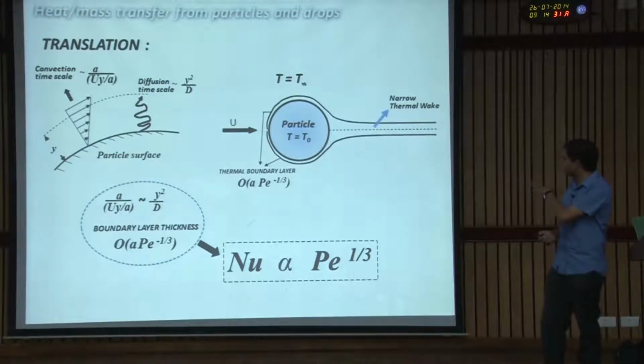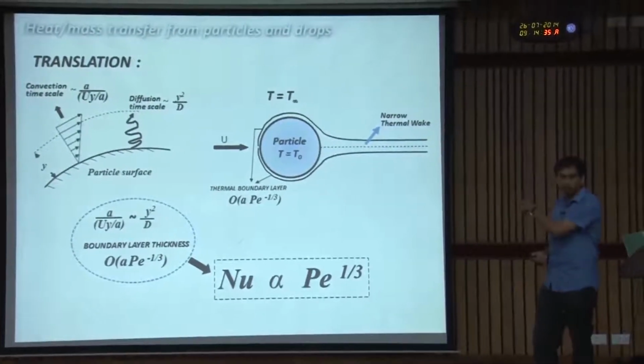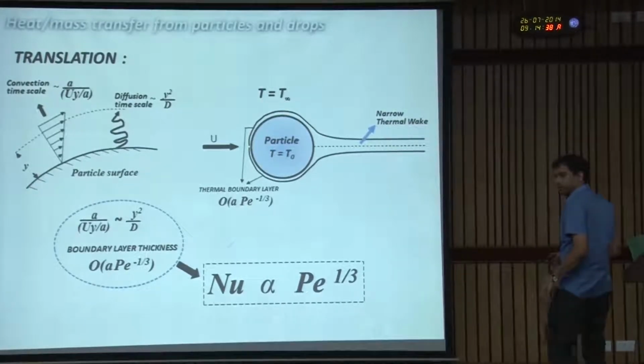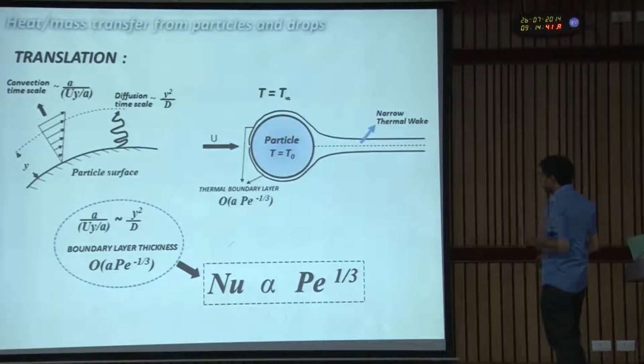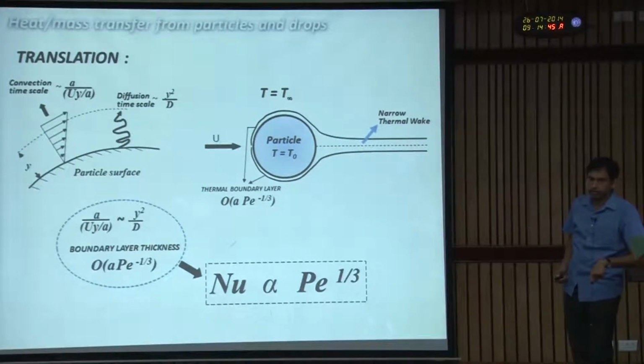I'll talk in a slide about where Reynolds becomes large, but I'll not talk about bluff bodies. So again, it will be laminar. Prandtl is very large. Momentum diffusion is infinitely more efficient than thermal diffusion.